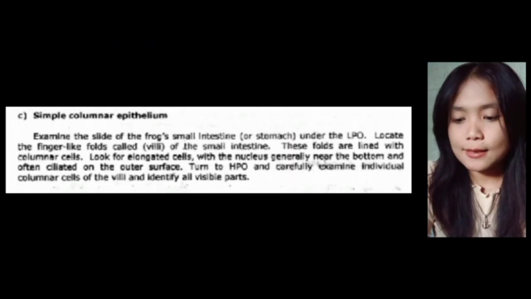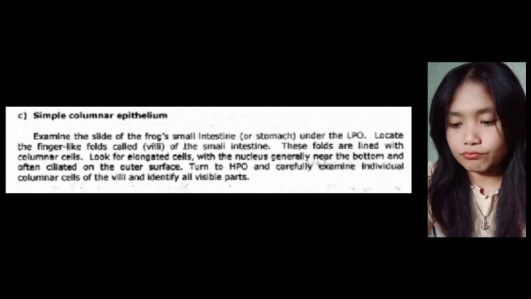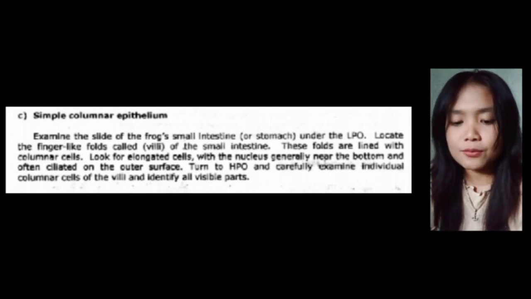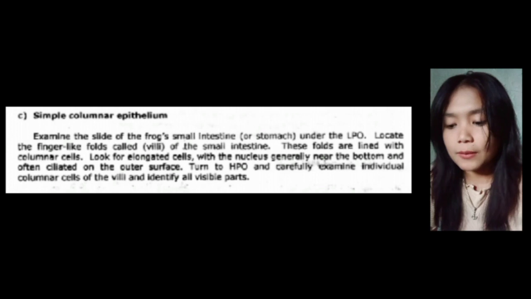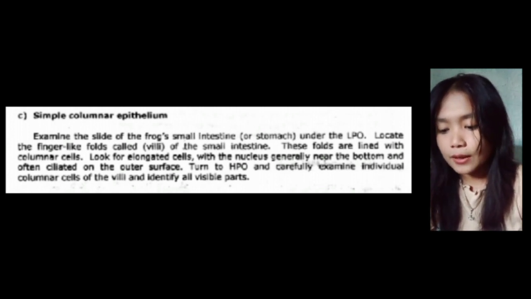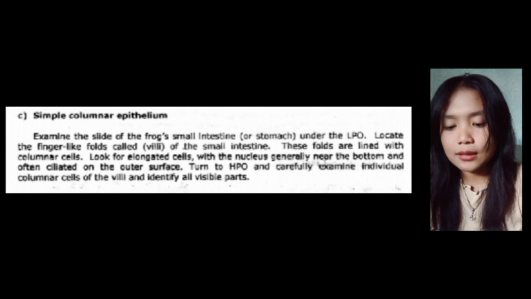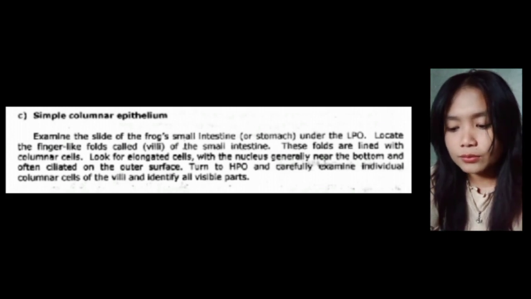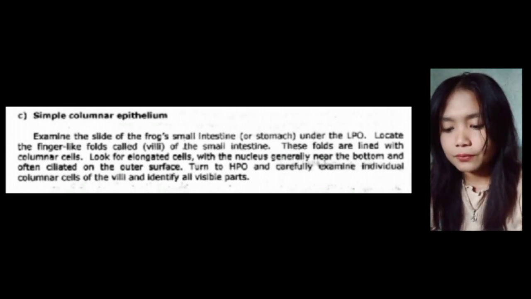Letter C. Simple columnar epithelium. Examine the slide of the frog's small intestine or stomach. Under the LPO, locate the finger-like folds called villi of the small intestine. These folds are lined with columnar cells.